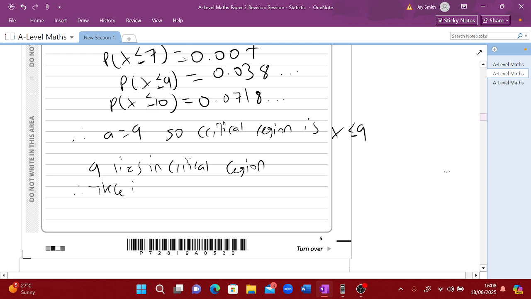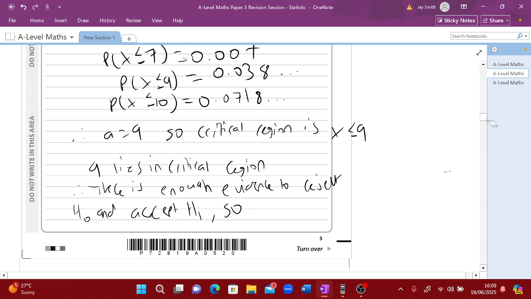Therefore, there is enough evidence, so it's significant enough, to reject H0 and therefore accept H1, which means there is enough evidence to suggest the probability is less than a seventh.